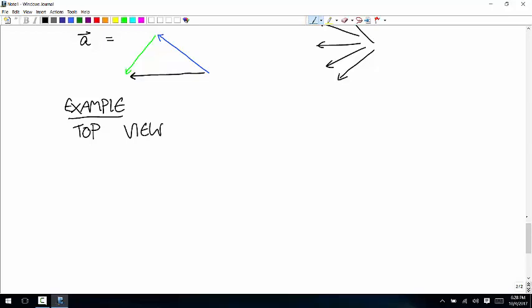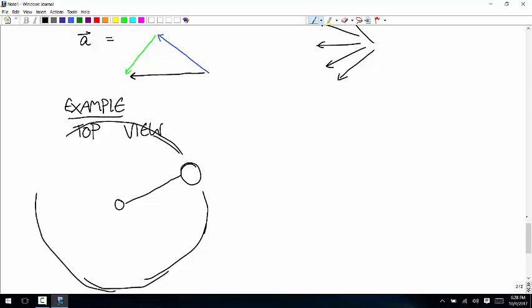So here's the pole, and the ball's like this, and it's moving in a circle around the pole. We have to choose a direction. Let's say it's going this way.